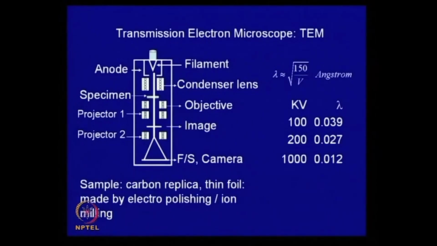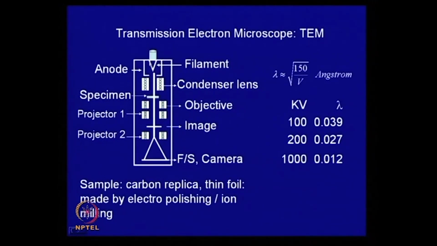The principle of operation of this transmission electron microscope is given in this slide here. Unlike the optical microscope, which operates in reflection mode, this operates in transmission mode. The sample, which is a thin foil, is placed over here. You have a tungsten filament.